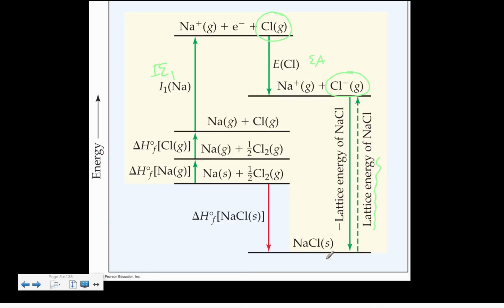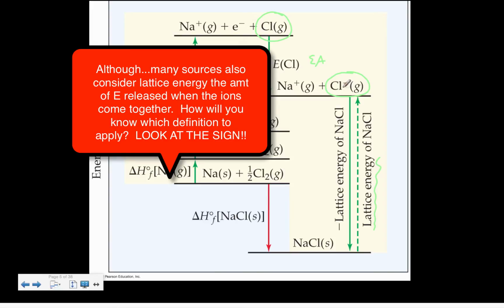The definition of lattice energy is the amount of energy necessary to take a solid ionic compound and break it apart into its gaseous separated ions. Lattice energy by definition is the amount of energy that must be put into a solid ionic compound to break it apart into separated gaseous ions, which means that it's a reflection of the strength of an ionic interaction.